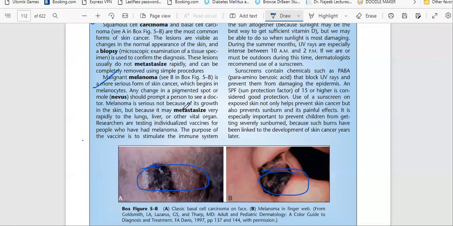Melanoma is serious not because of its growth in the skin, but because it may metastasize very rapidly to the lungs, liver, or other vital organs.